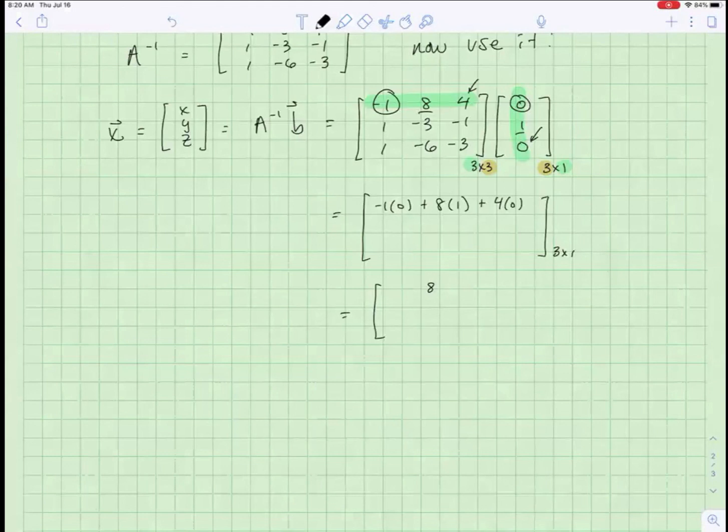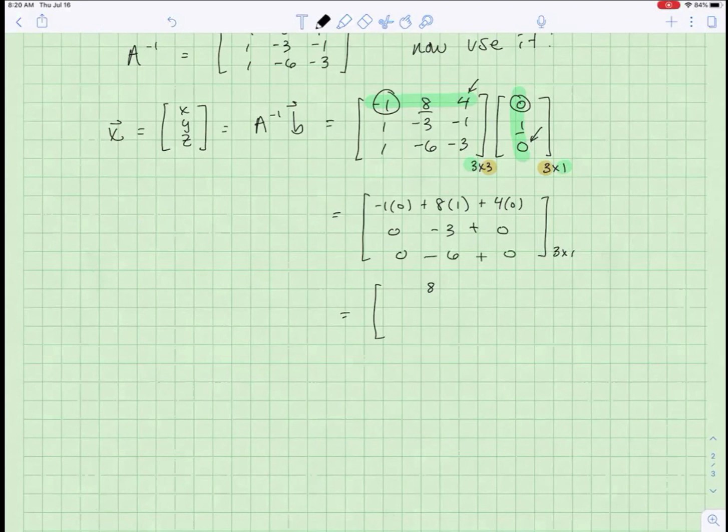Doing the same thing and moving across the bottom, we see that we're going to get 1 times 0, which is 0, plus -3 times 1, which is -3, plus another 0. Oops, I don't know why I'm writing that there. In a similar fashion, we'll get 0, -3, 0 minus 3, plus 0. And in the bottom, we'll get 0 minus 6 plus 0.